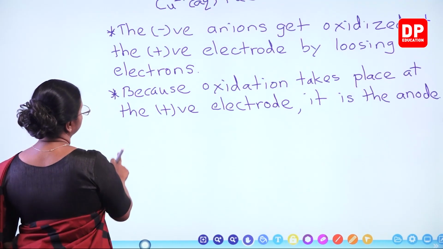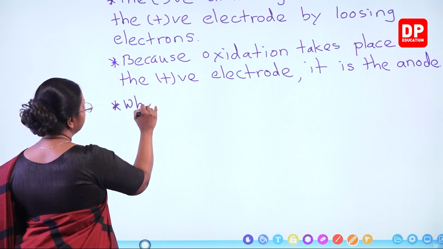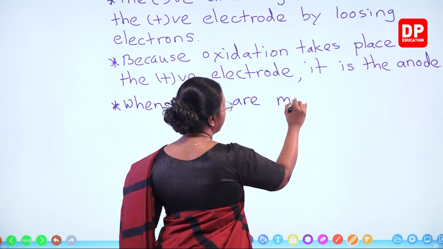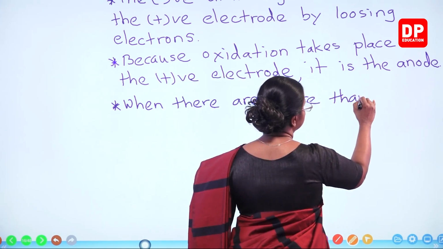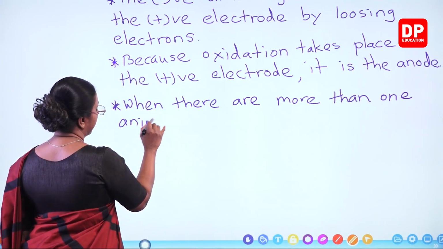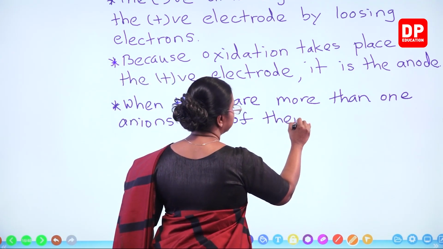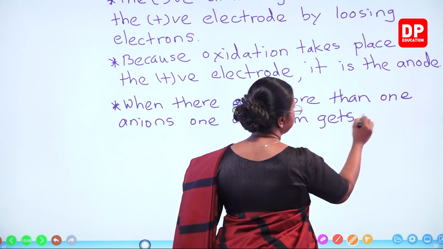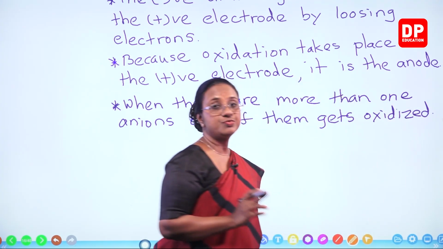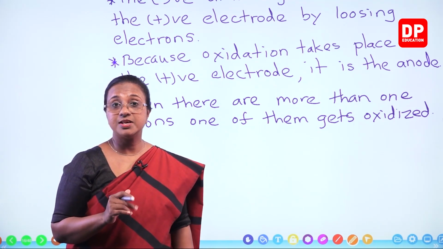And when there are more than one anions, one of them gets oxidized. But here, of course, we don't discuss the factors that affect or determine which ion gets oxidized.